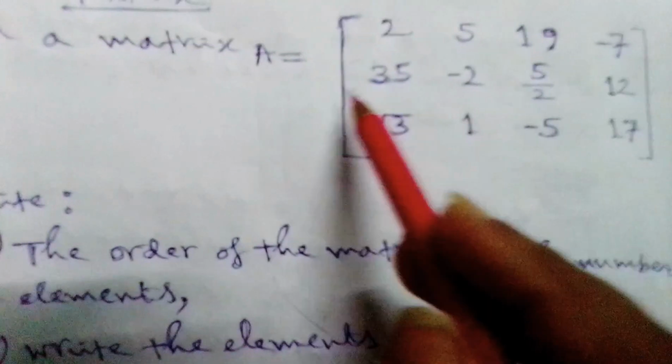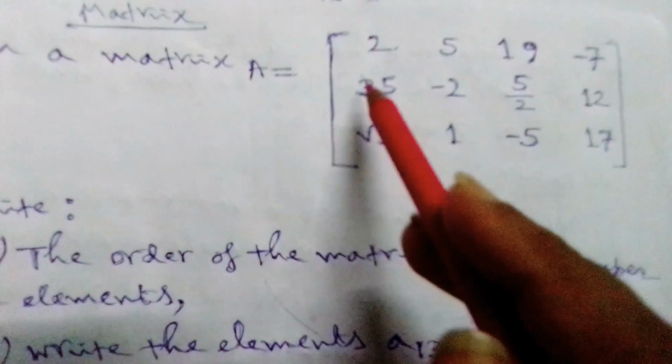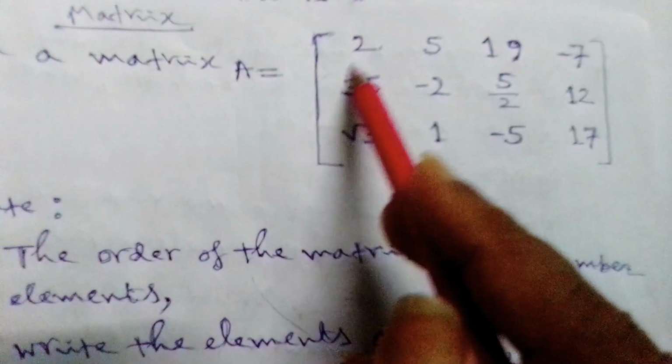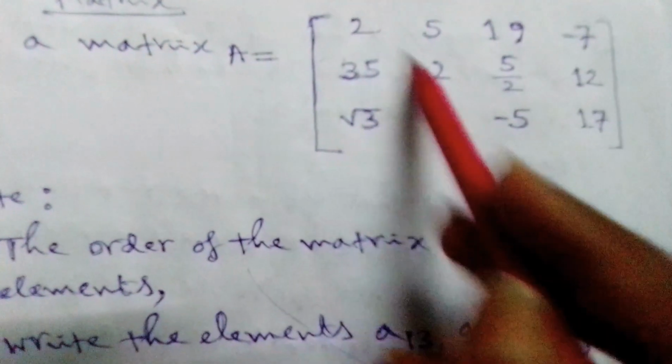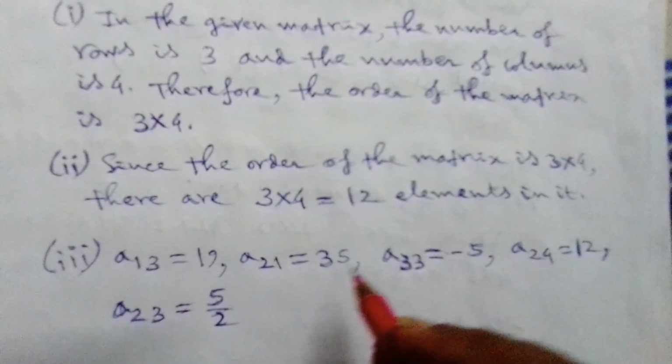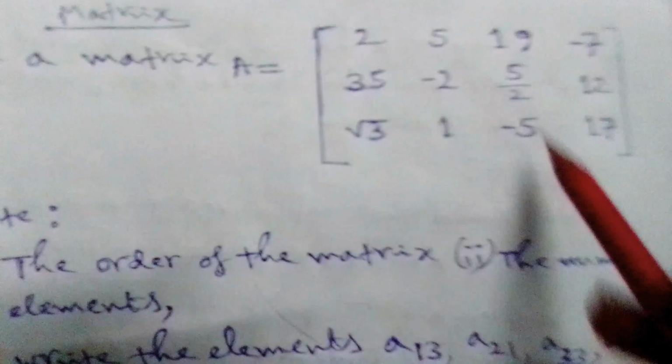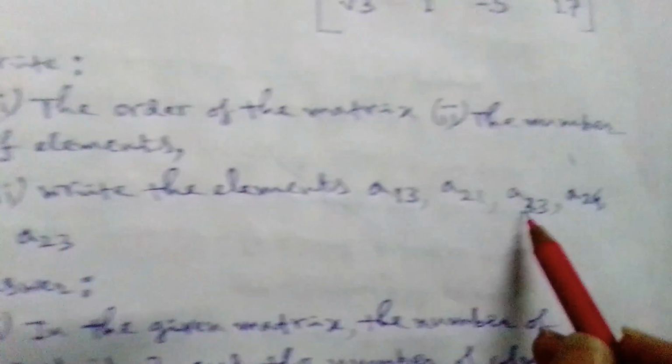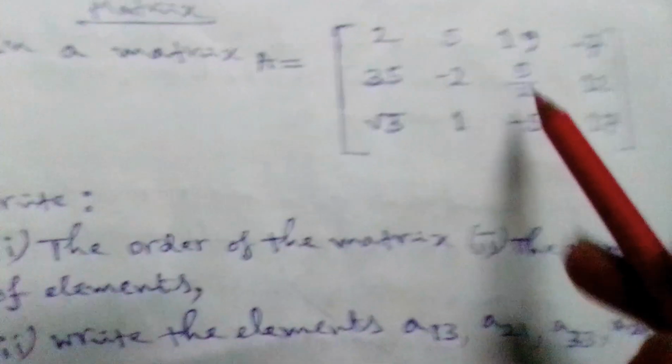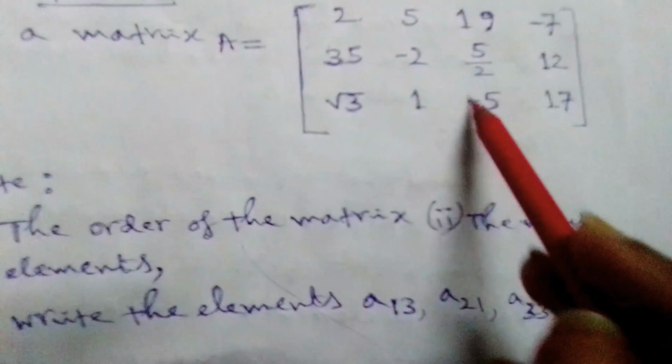And next is A21. Second row, first column. Second row is this, first column is this. So this position holds A21. So it will be 35. And now we go to the third position, A32. Third row, second column.